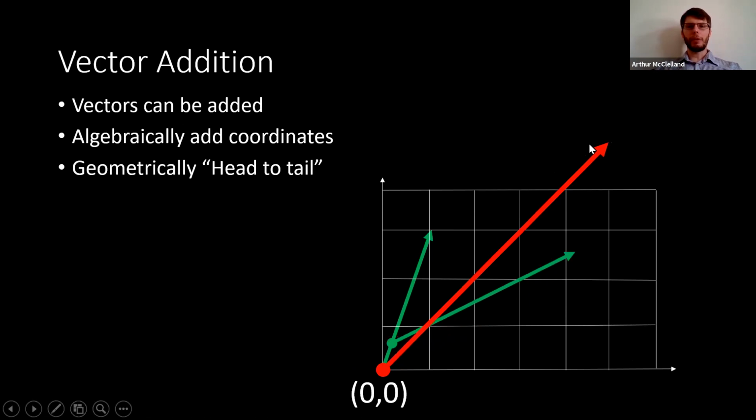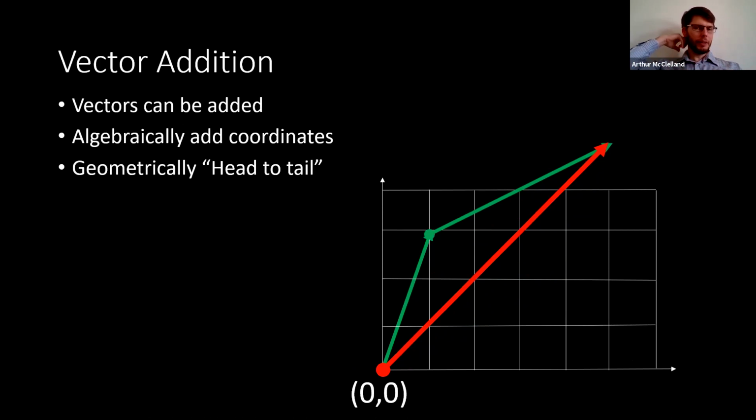We could also do it geometrically. This is the head-to-tail idea of adding vectors. Again, we're just translating the vector in space that we're adding. If we line them up head to tail, so we have our first vector plus our second vector, then we can draw the resulting vector from the tail of the first vector to the head of the second vector.